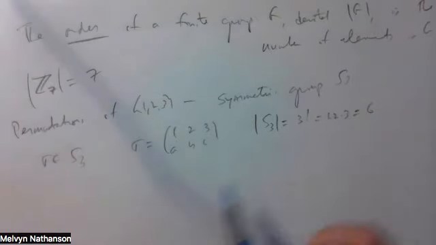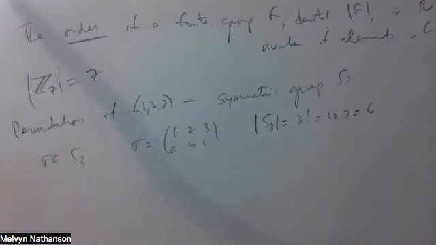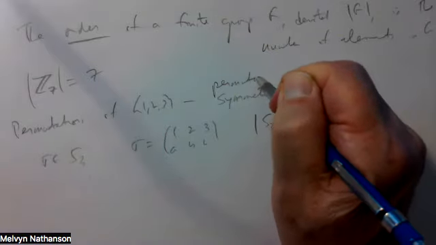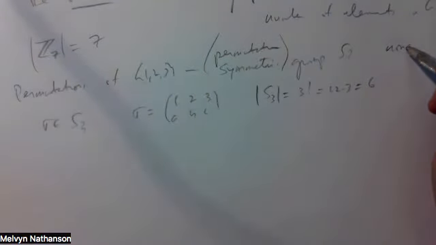So the symmetric group S3 is a group of order 6. It's also called the permutation group. And this group is non-abelian.